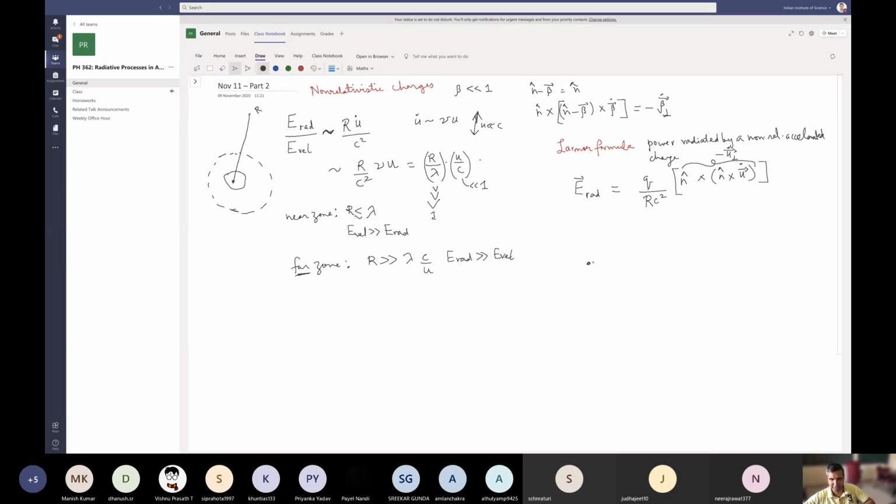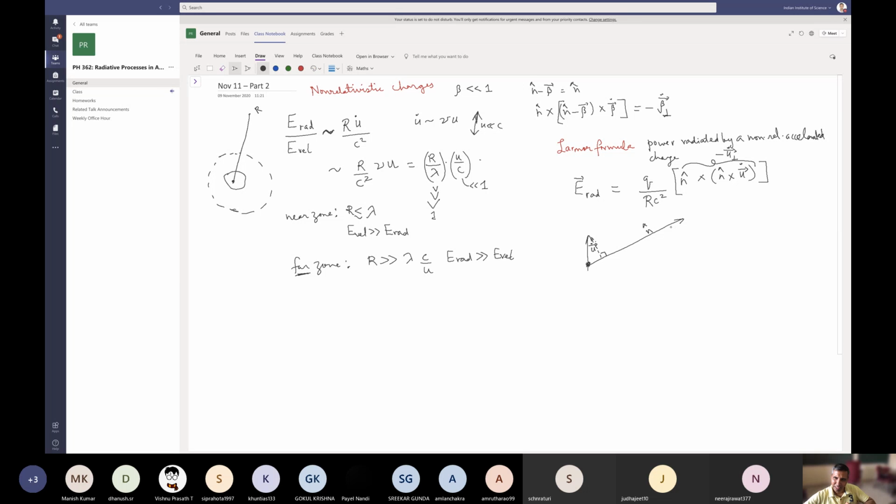Let's consider a charge here, and some general direction n hat, the line of sight where the observer is located, and let this direction be the direction of U dot. This is the retarded time. At the retarded time, this is the direction in which the particle is being accelerated. If this is U dot, then this dotted line is the perpendicular, U dot perp, and the field is minus U dot perp.